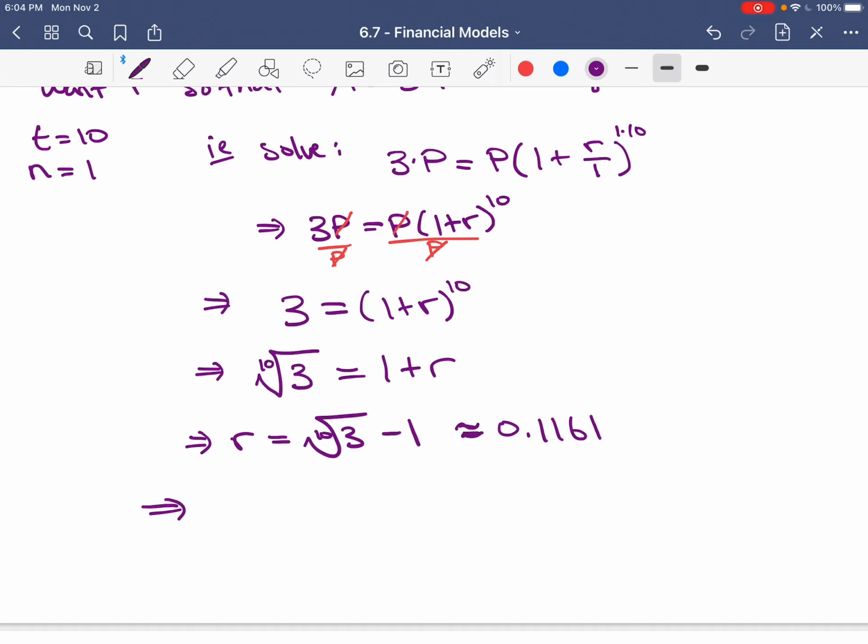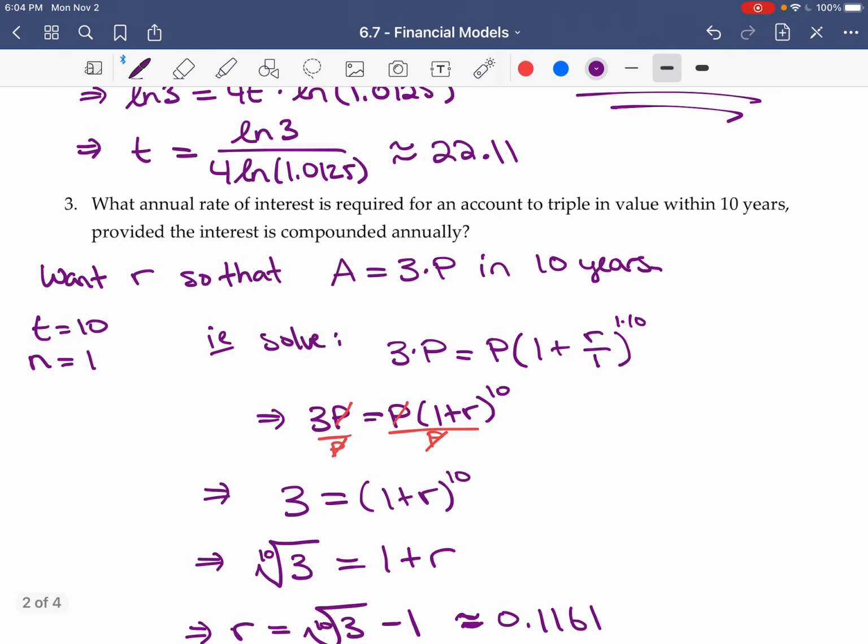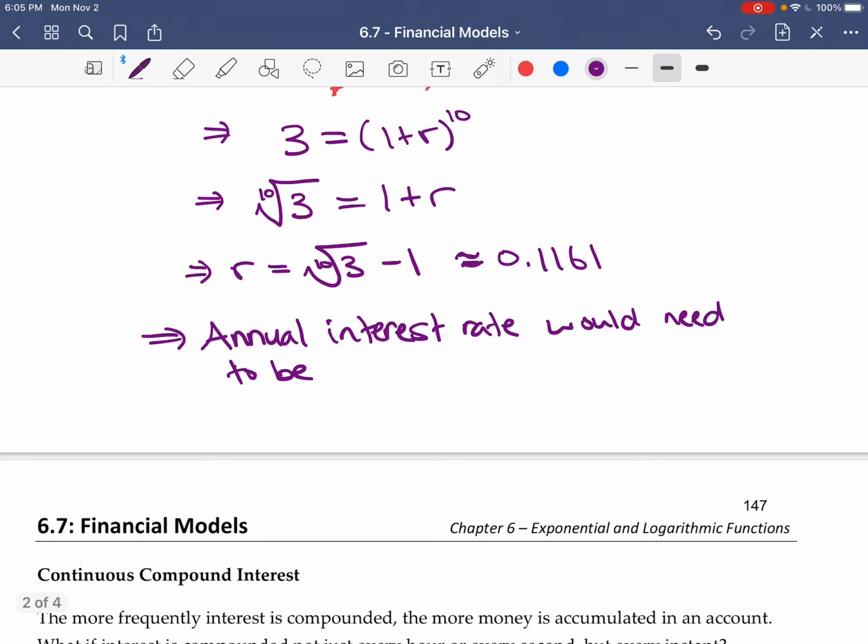Okay, so that means that the annual interest rate would need to be 11.61%. Okay, so that's converting this decimal to a percentage.